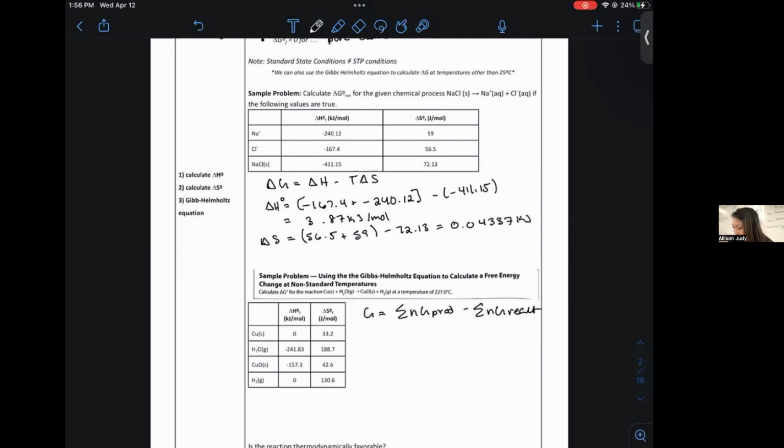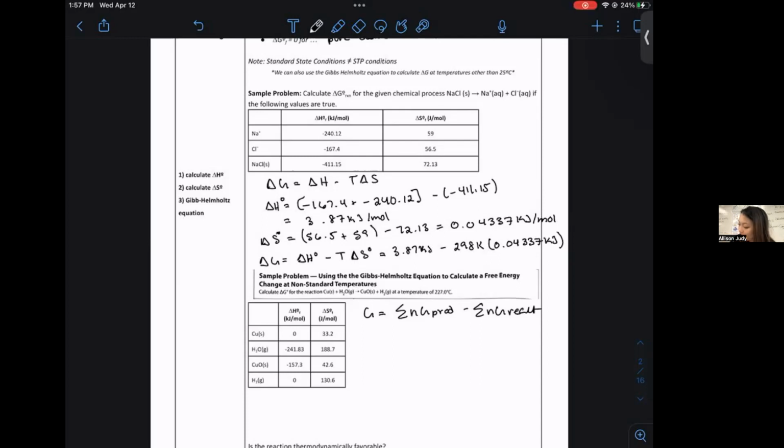0.04337 kilojoules per mole. So then my G becomes, G is equal to H minus temperature times change in entropy, which is equal to 3.87 in kilojoules, minus the temperature, well, we're at standard state, so you'd probably want to put 298 Kelvin, times the entropy change, which is 0.04337 kilojoules.